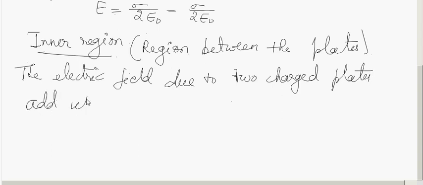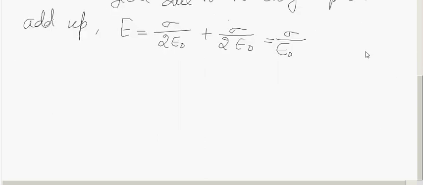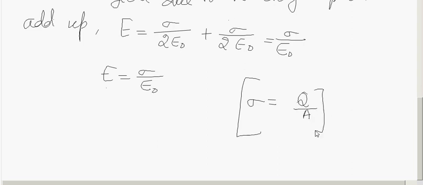So E is sigma by 2 epsilon naught plus sigma by 2 epsilon naught, which is equal to sigma by epsilon naught. We know the charge density is Q by A. So now I can write E equal to Q divided by epsilon naught into A.